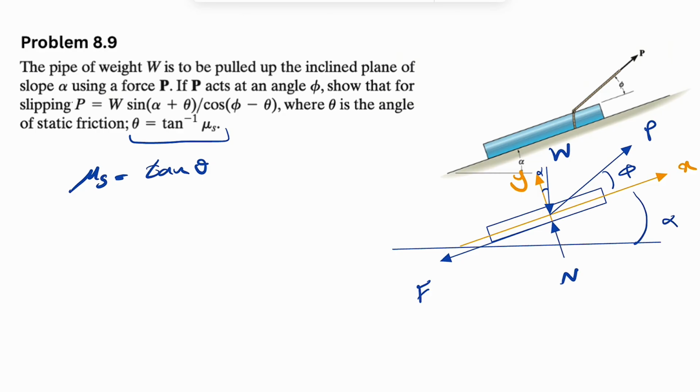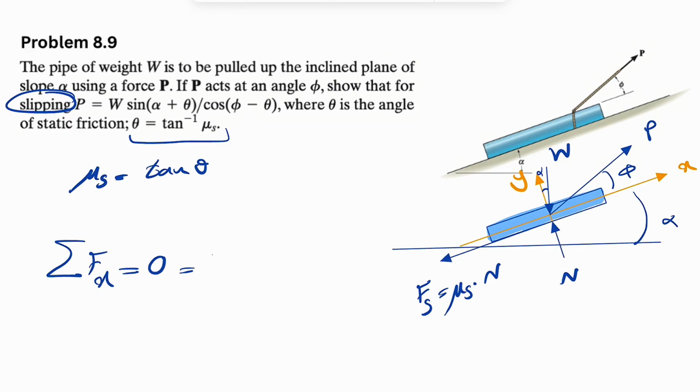We can show it with F, and because we are talking about slipping, we are about to move, so we are still in the static case, so it's going to be Fs. That's all the forces that we have for the blue pipe. So we can start with our equations in the x and y directions. Let's start with the sum of all forces in the x direction first. Because we are in a slipping condition, we are still in equilibrium, so everything's still static.